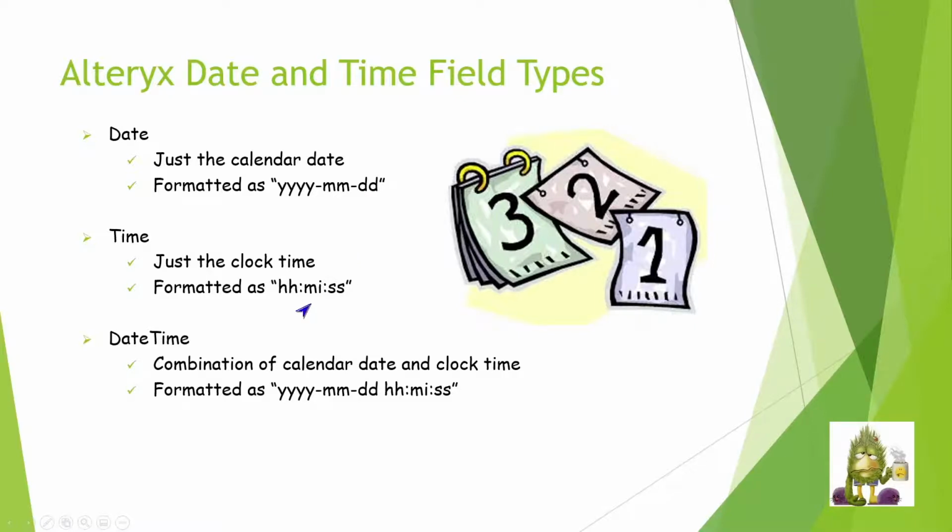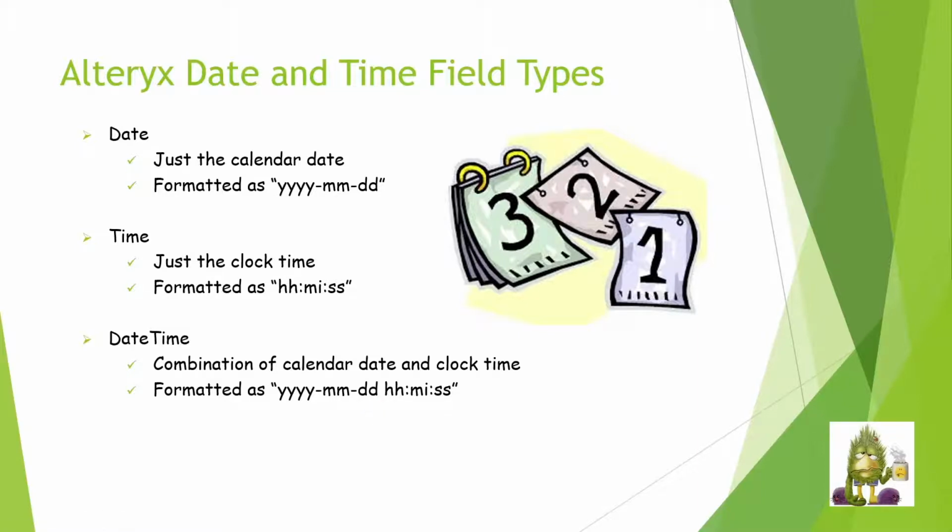Time is a 2-digit 24-hour time, a colon, 2-digit minutes, a colon, and 2-digit seconds. And keep in mind that these also must be padded with a leading 0. So for example, 1 o'clock would be 01. And date time is again the combination, so it's basically the same 2 formats with a space between them.